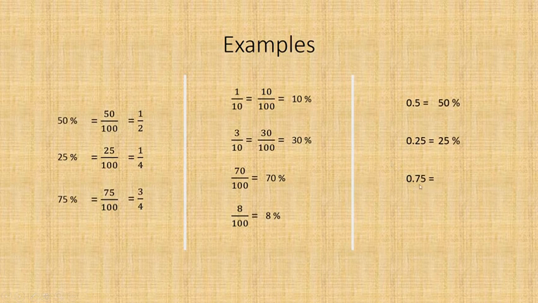To change it into percentage, you have to move the decimal point 2 steps to the right. So it's going to be 75%. And the last one here, 0.8. I move the decimal point 2 steps to the right. It's going to be 80%. So this is percentage, and this is how you can change percentage into fraction or decimal, and vice versa.